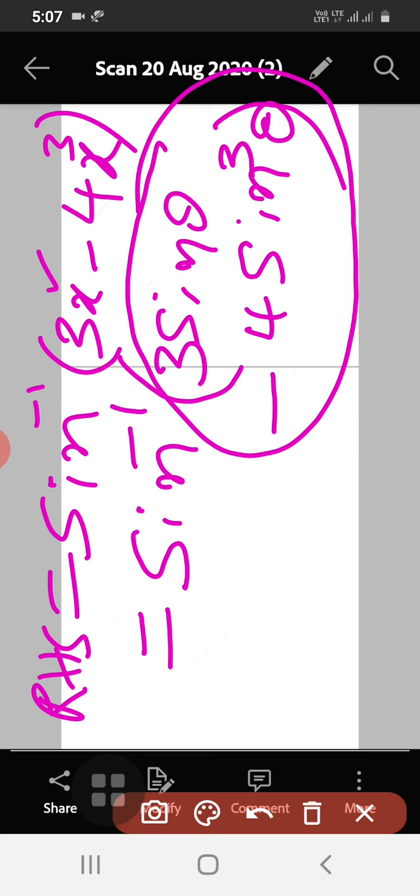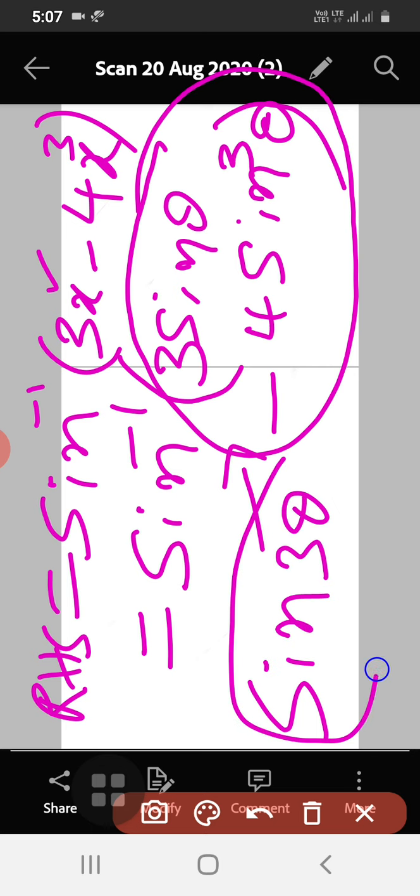In first PUC, we know this quantity: 3 sin theta minus 4 sin cube theta is sin 3 theta. It is the formula: sin 3 theta is equal to 3 sin theta minus 4 sin cube theta.